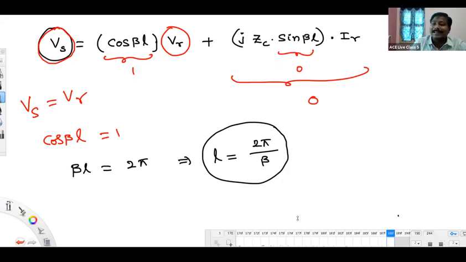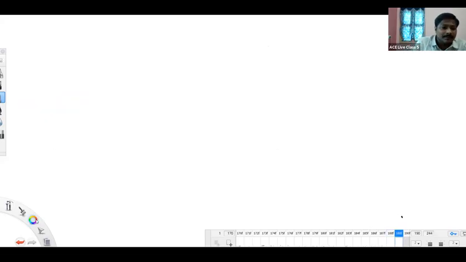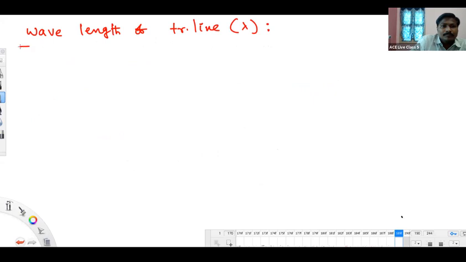That's our next heading to be chosen. Generally, we will indicate this wavelength with a letter lambda.